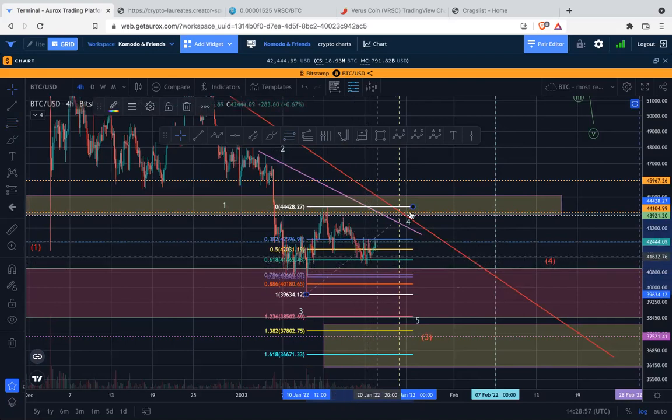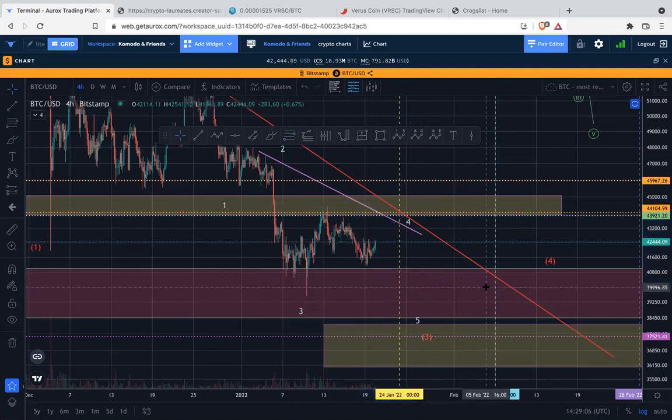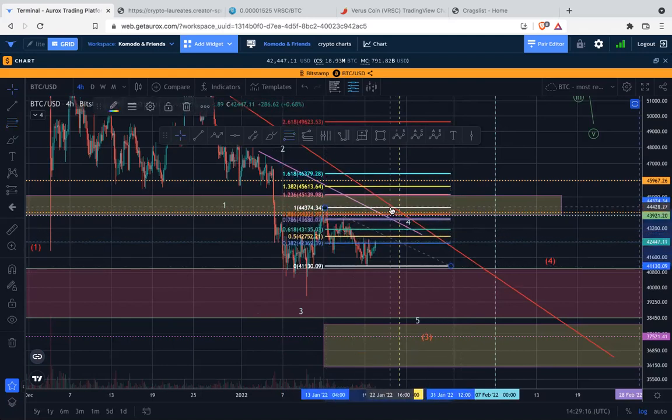So in the Neowave method that would be a weak B wave of a flat pattern. So it still would fit under a flat pattern, and we could retrace this B wave here and say 100% brings us to about 44,000. So this zone is still in play for the move.